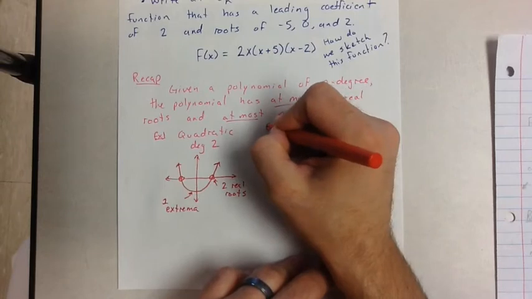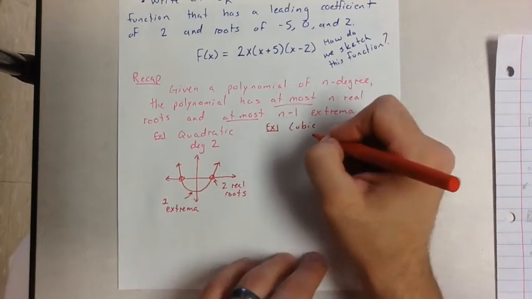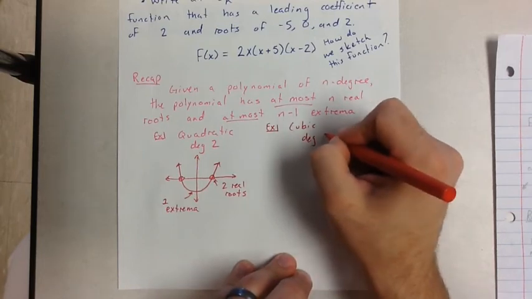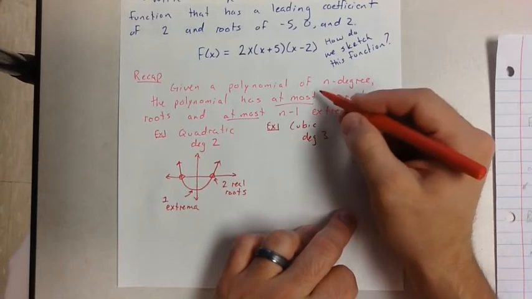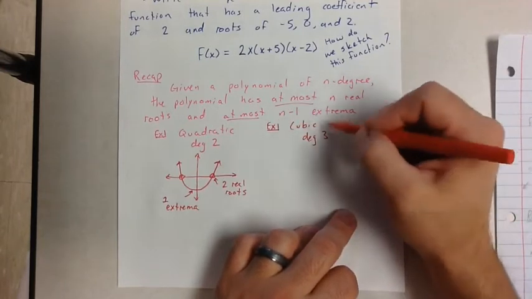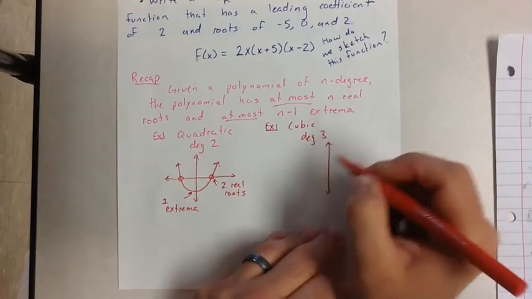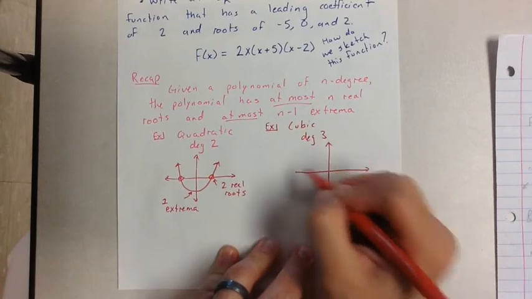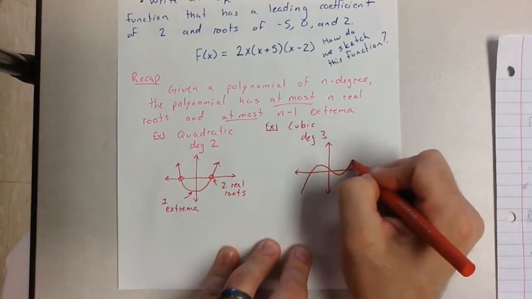So if we see a cubic function, cubic again is degree 3. If you have a degree 3, that says again at most 3 real roots and at most 2 extrema. Based off our understanding of a cubic function, that should make sense, because cubic functions we have seen can appear like this.